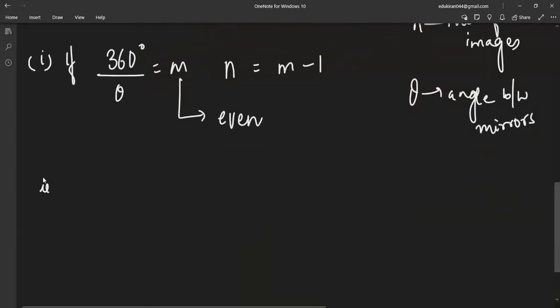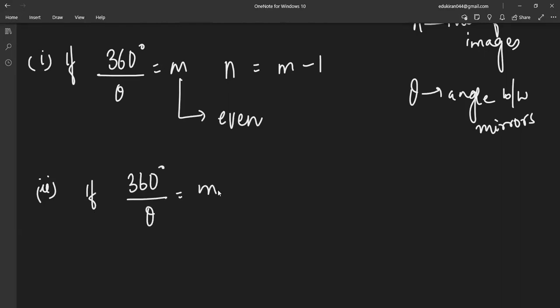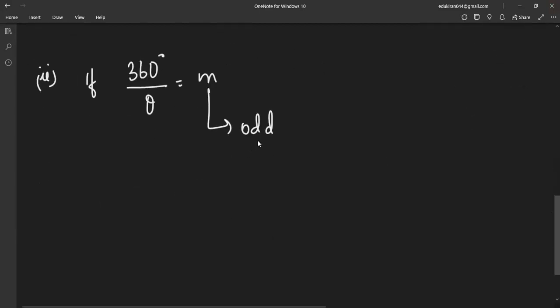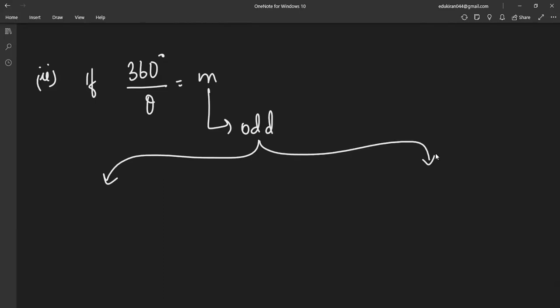Second case. If 360 divided by theta is coming m and m is odd. Now, if it is odd, there are also two cases. The bisector, I told you, is the line that is bisecting the angle.